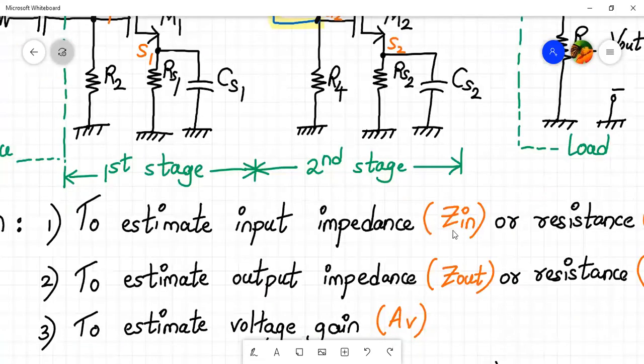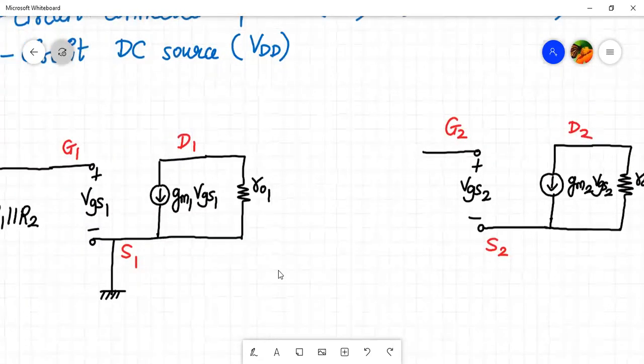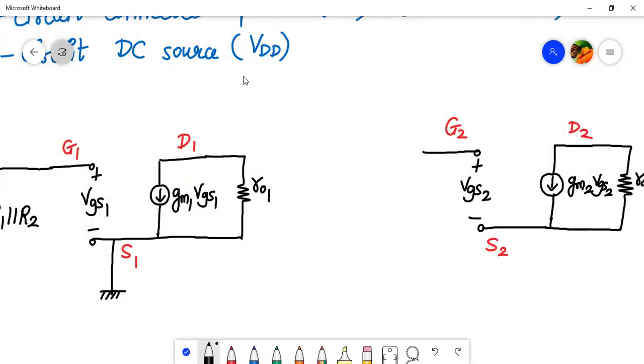So let us do those connections over here in the mid-frequency small signal model. From drain 1, we will have one resistor going towards the ground, which is called RD1. And then there is a direct connection between the drain 1 and the gate 2 terminal, right?